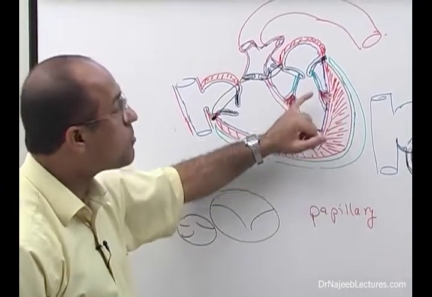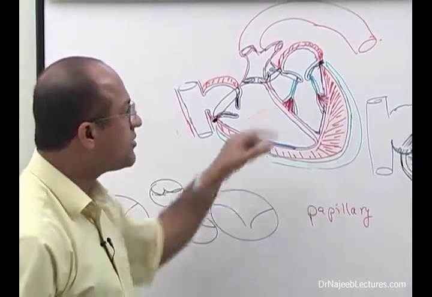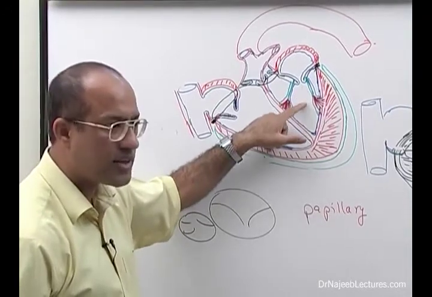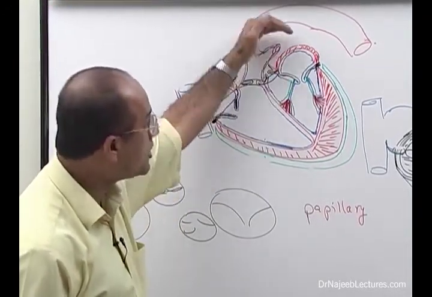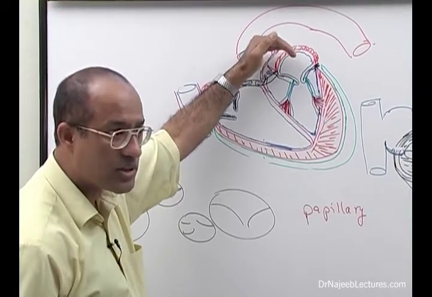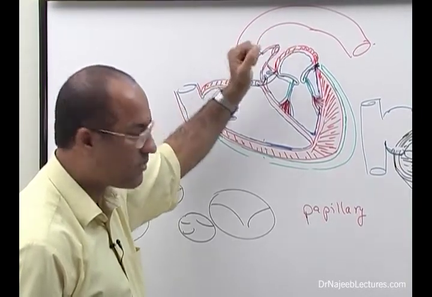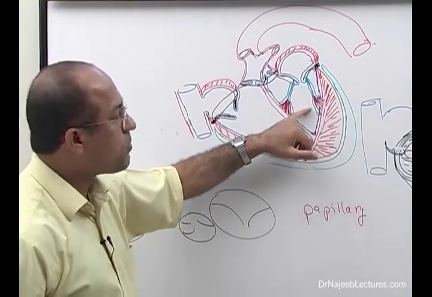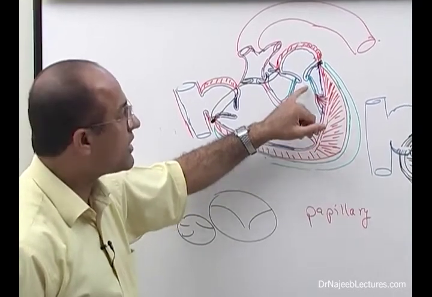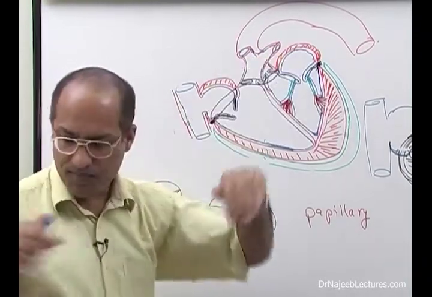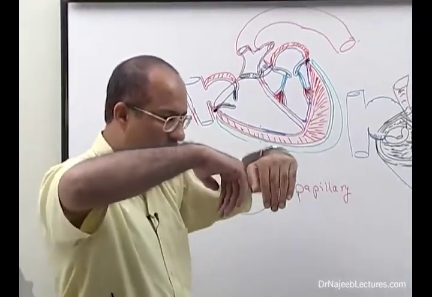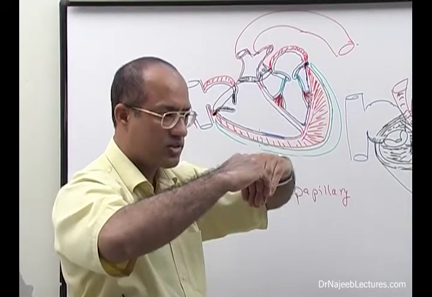This is a very important apparatus because if there is dysfunction in it, the valve will regurgitate or balloon into the atria. For example, if the papillary muscle or chorda tendineae is very long, then during ventricular systole, the valve should come and stay like this.